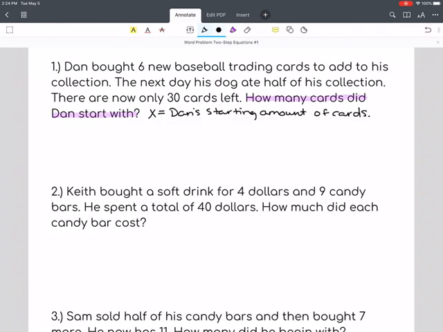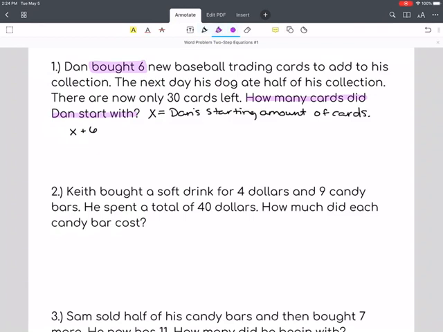So it said that he bought 6 new baseball cards. So he had his amount, X, and then he bought 6 new cards. So if we think about buying something, are we adding to our collection or taking away? If he bought it, that means he's adding to it, so we're going to add 6. The next sentence says, the next day, his dog ate half of his collection.